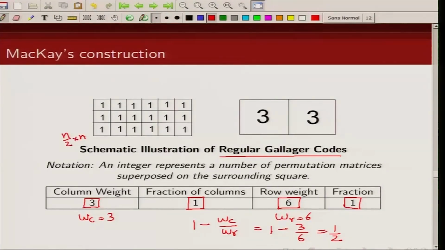What we did was we divided this n by 2 cross n matrix into submatrices in this particular way. This one that you see is an n by 2 cross n by 2 matrix, then this is another n by 2 cross n by 2 matrix. These two are further divided into submatrices of size n by 6 cross n by 6.